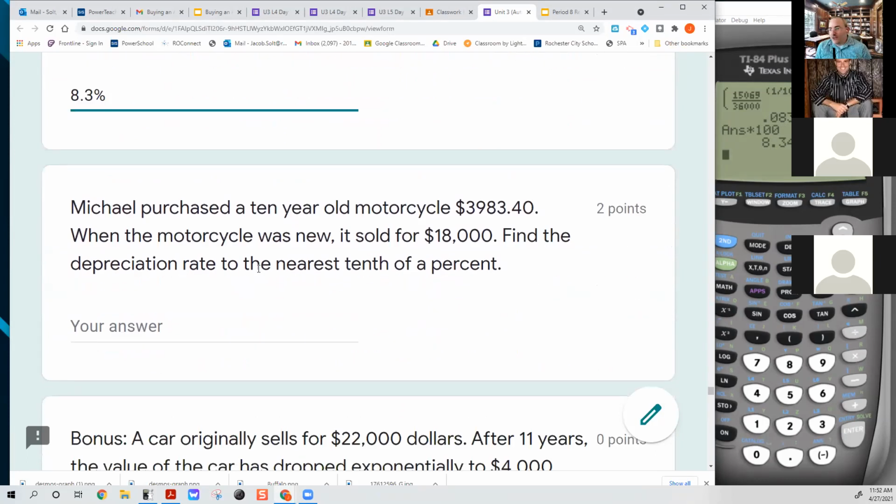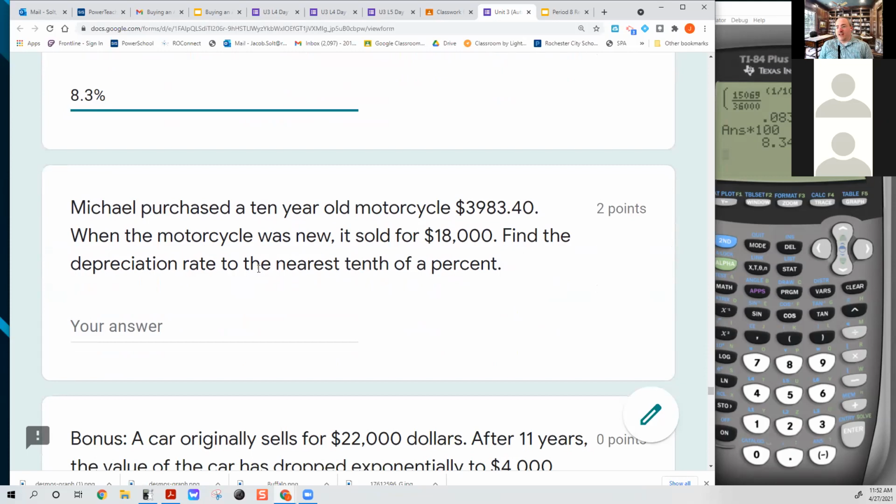Okay. Class vote. We have a little over 10 minutes left. Do you want me to give you an opportunity to just do this on your own and try this? Are you itching to try one of these on your own, or do you want me to go through it the way I do it and just show it to you? What do you think? Technically, I made the Michael problem so that you could do it on your own, but if you're not feeling comfortable, I don't want to scare you.